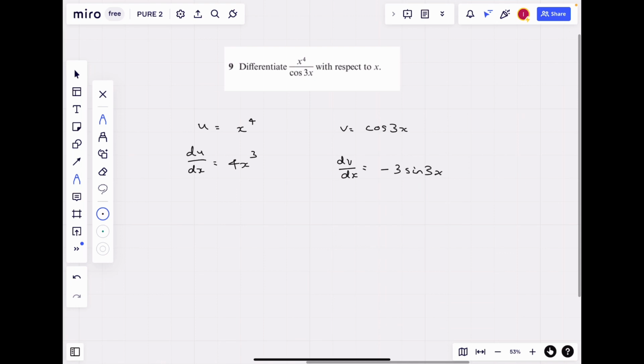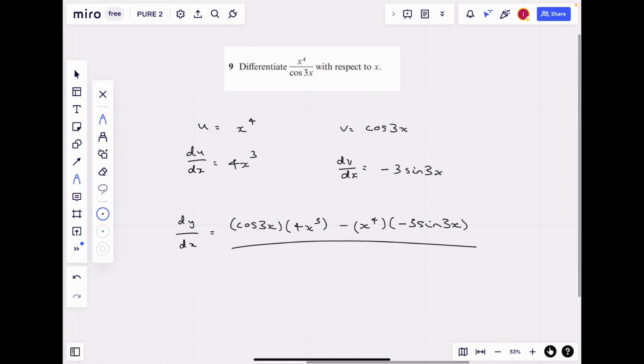There. You make use of the quotient rule formula. So v times by du by dx, minus u times by dv by dx, all over v squared.